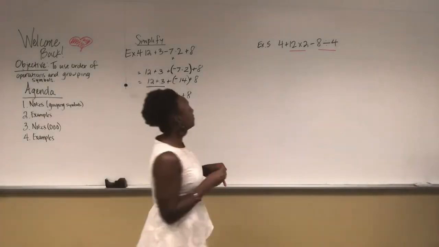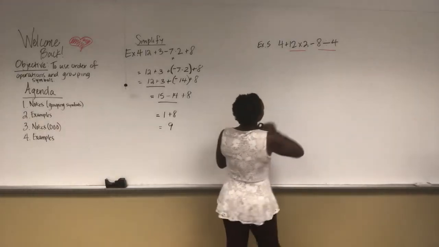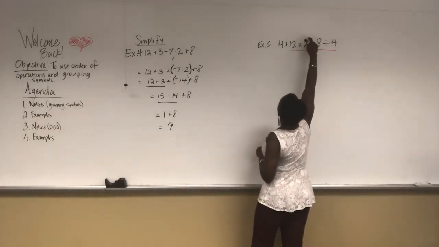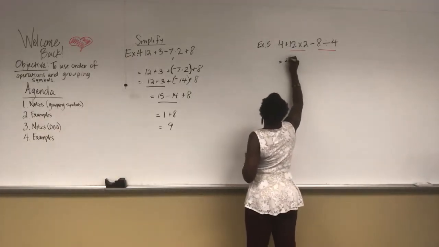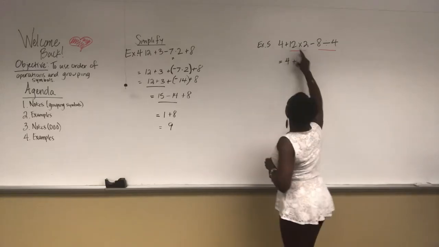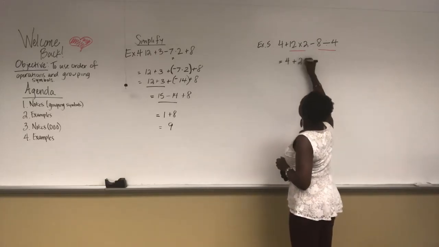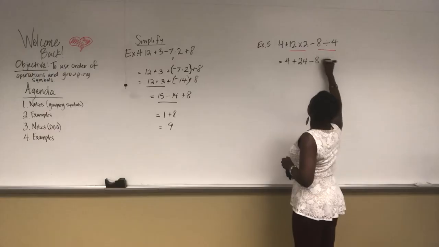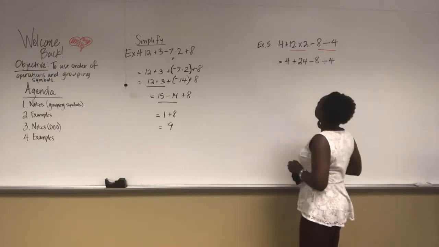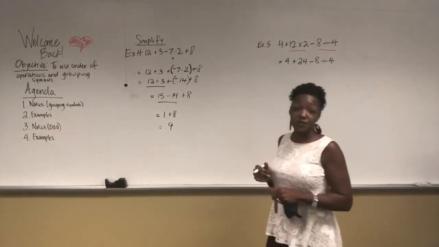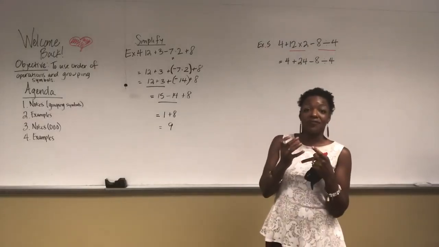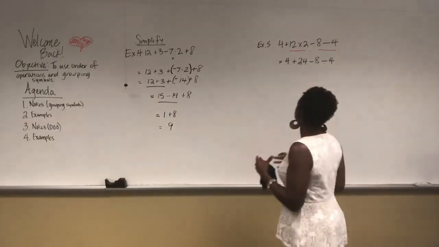So let's start from left to right. So I'm going to start by doing the 12 times 2. So I rewrite the 4. Bring down the plus. 12 times 2 is 24 minus 8 divided by 4. So now that I've taken care of the first multiplication or division, now I have to take care of the next multiplication or division.